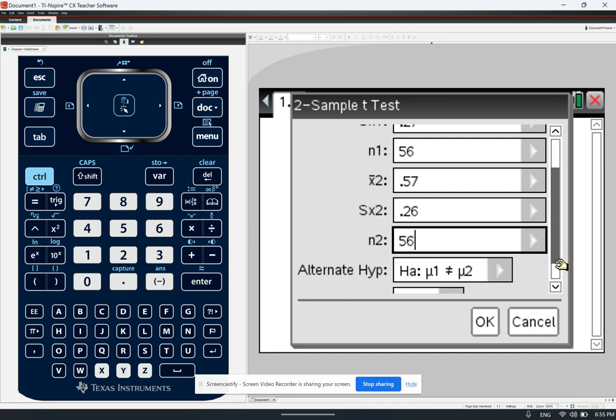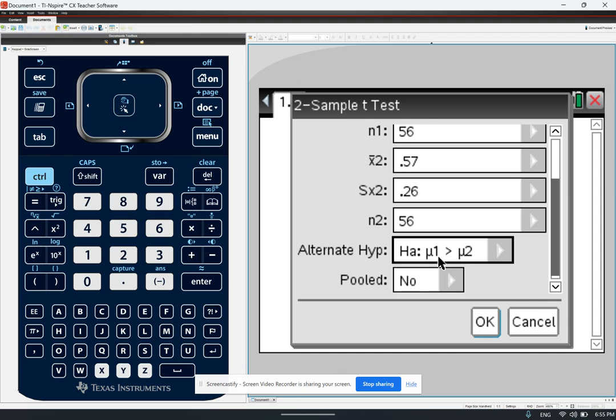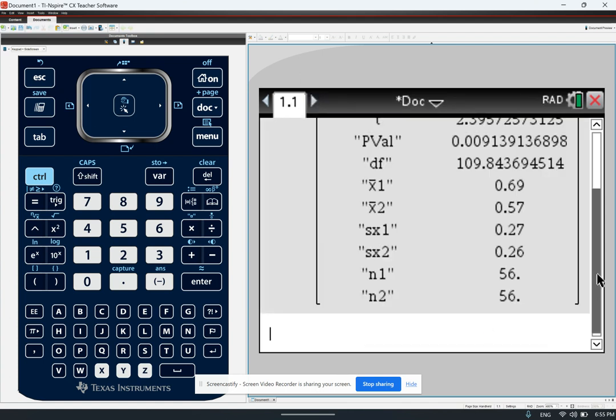You have to be careful to scroll down because it was hidden before. We're assuming that the new treatment has a higher success rate than the standard treatment, so it's mu1 minus mu2, and you're not going to pool. The only time you pool is a two proportion z-test.